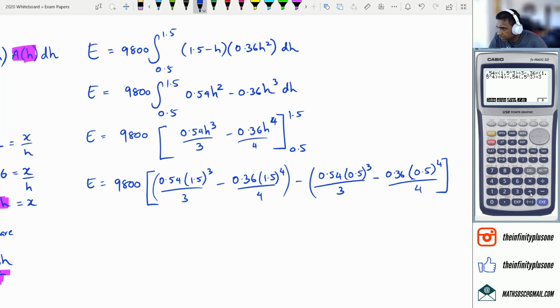That's going to become plus because it's minus and minus, plus 0.36 times 0.5 to the power of 4 divided by 4. Where's my mistake? Right, I don't need that bracket there. Get rid of that. 0.135, and I'm going to multiply it by 9,800. Yay, 1323. So E is equal to 1323.